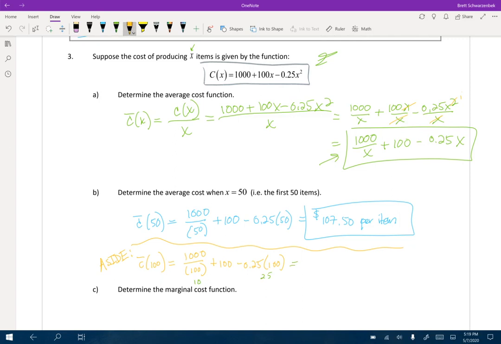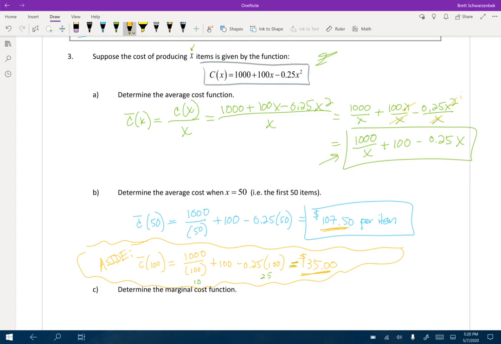So why did I do this as an aside, even though it had nothing to do with this problem? Because if you look at this number here, this is the average cost to produce the first 100 items. So if it cost $107.50 for the first 50 and $135 for the first 100, then what has happened to the cost of the manufacturing process after it left 50 items?